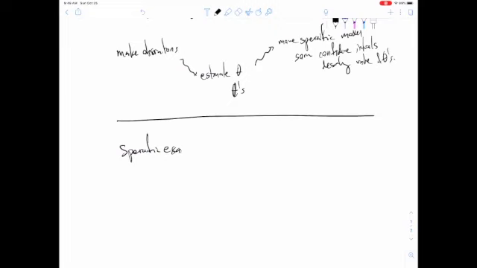But there's this question of how do we actually find these estimators in the first place? We have some specific examples. If we're trying to understand the population mean, we have been using the sample mean as our estimator. If we're trying to understand the population variance, then we've been using the sample variance.